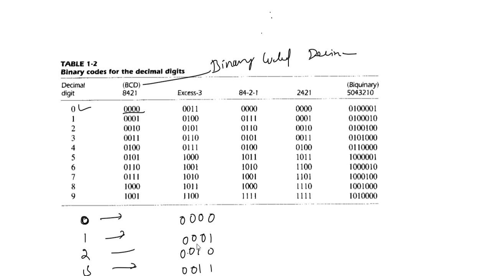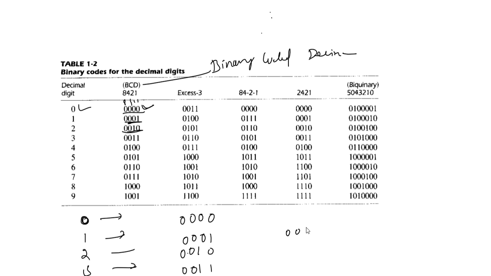If you see in the table, for 0, four zeros are used: 0000. For 1, it is also 4 bits. The places are already mentioned here, 8421, that is 1, 2, 4 and 8. The number equivalent to 2 is 0010.